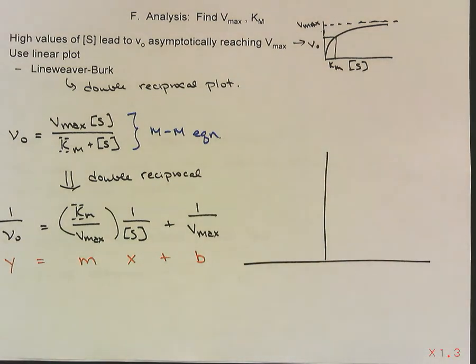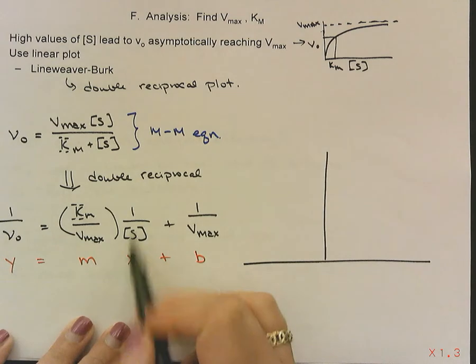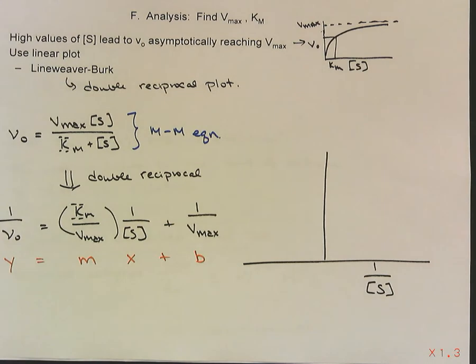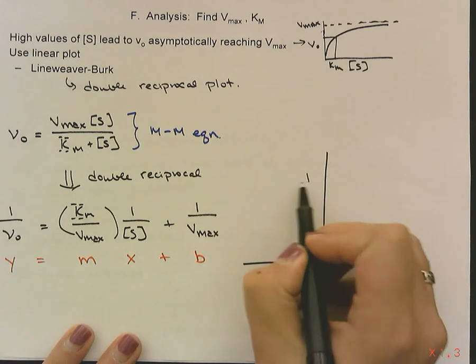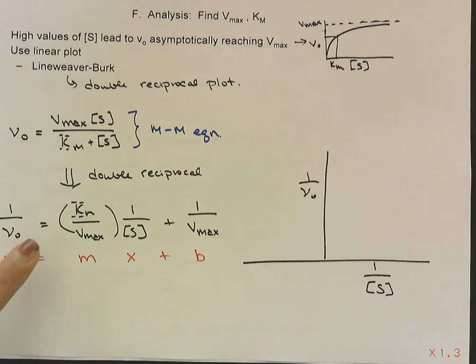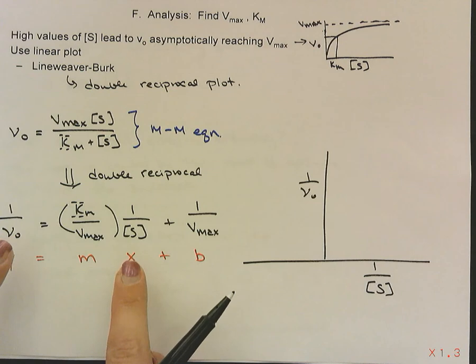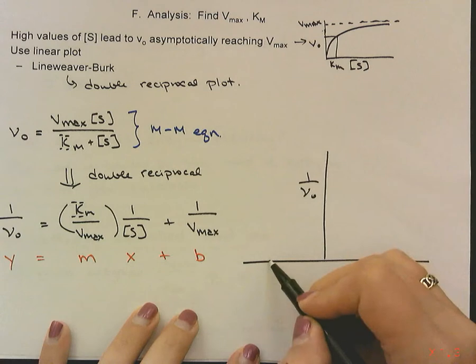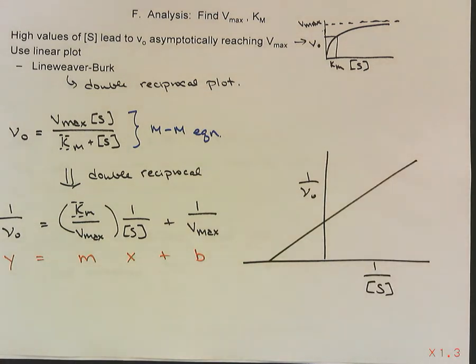So there's my graph. What am I going to put on my x-axis? This guy right here, 1 over S. Sorry, x-axis. Inverse velocity is on the y-axis. So I've got my y, got my x. Now that's my line of data.